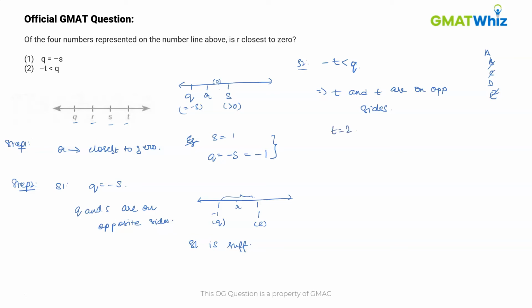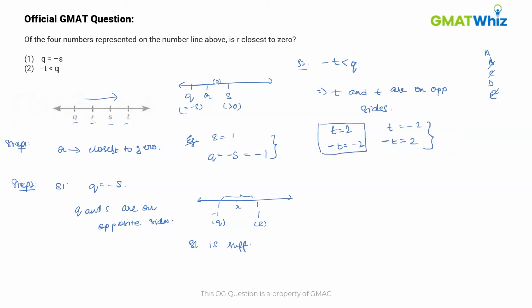If T is positive, then minus T would be minus 2, which is negative. However, if T is negative, then minus T would be positive. But this should not be the case because we know T lies on the right hand side of Q. So only this is possible.